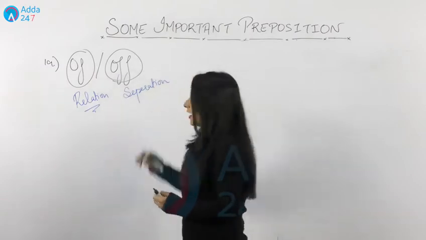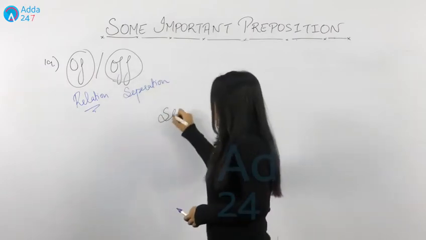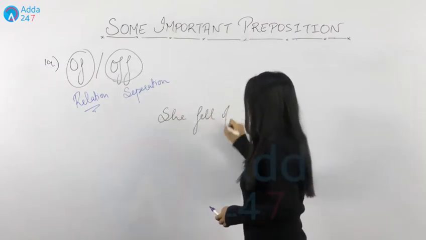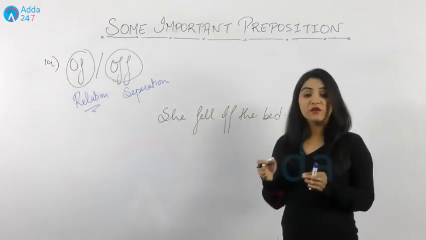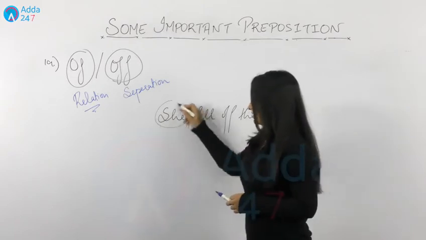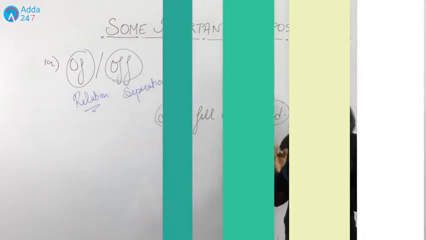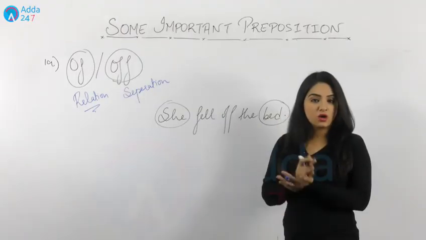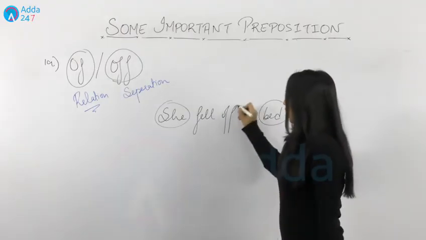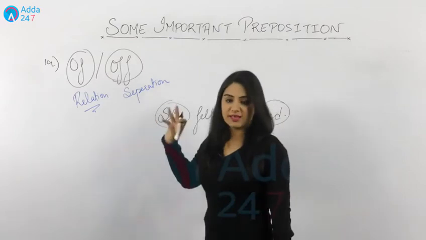For example, if I say, she fell off the bed, that means she was separated from the bed. The relationship between the bed and she got obstructed. So, off is used for the point of separation.